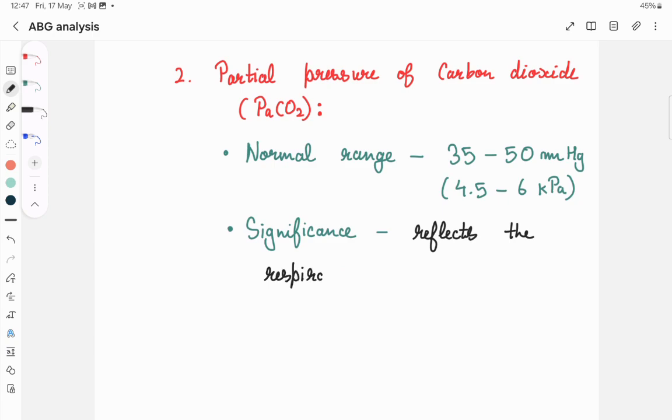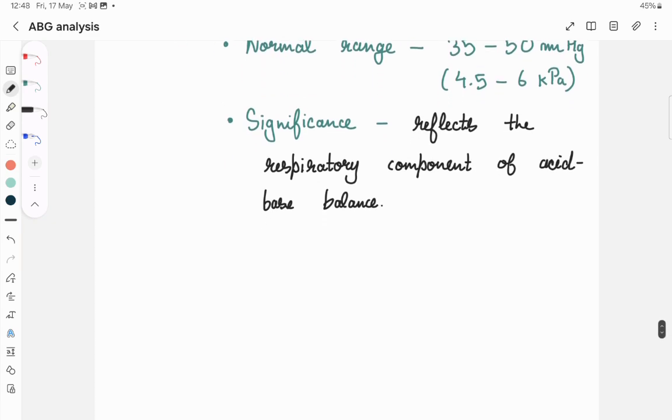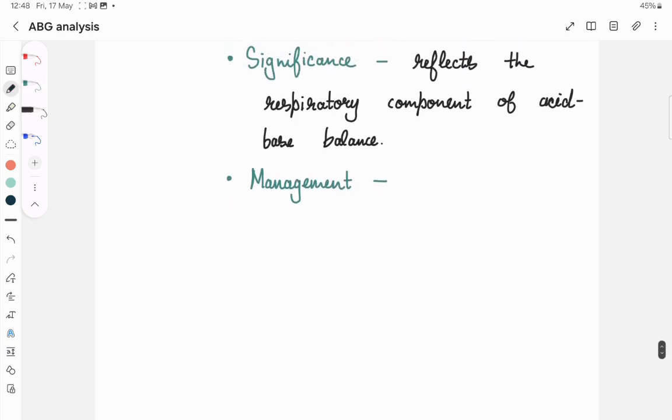It reflects the respiratory component of acid-base balance. And next, the management.